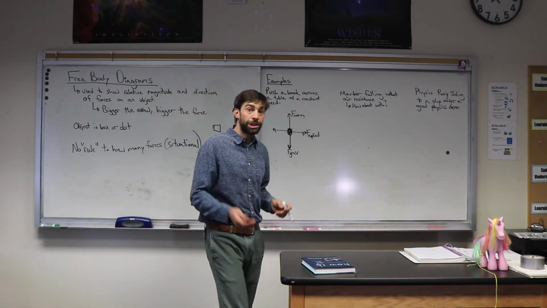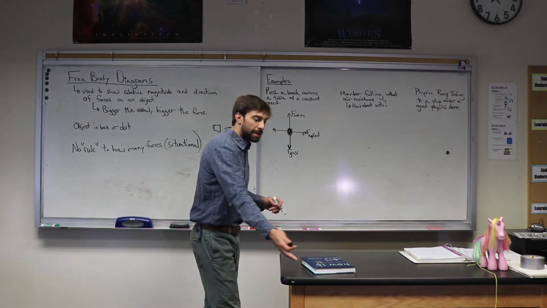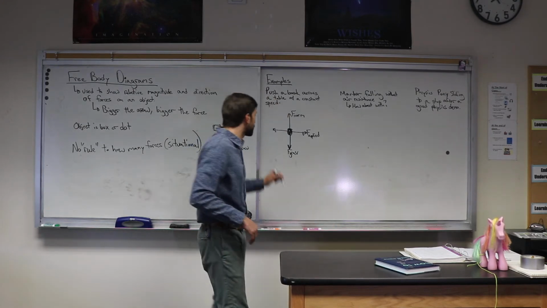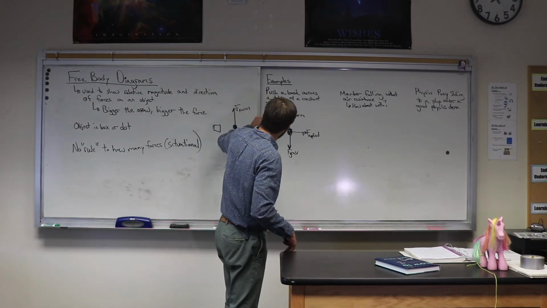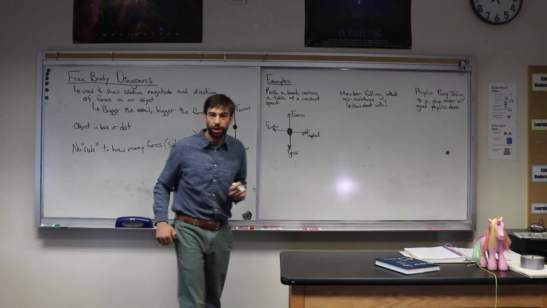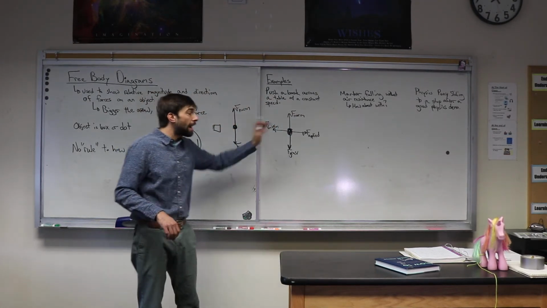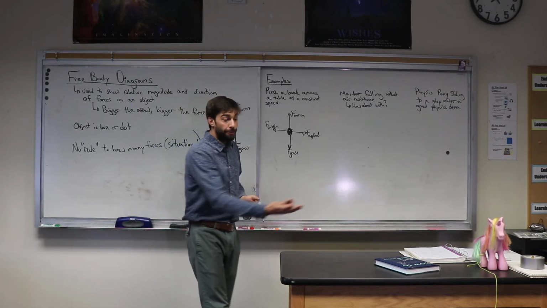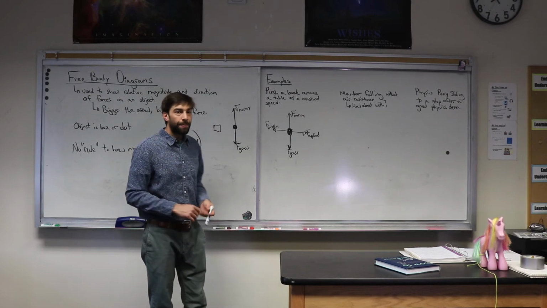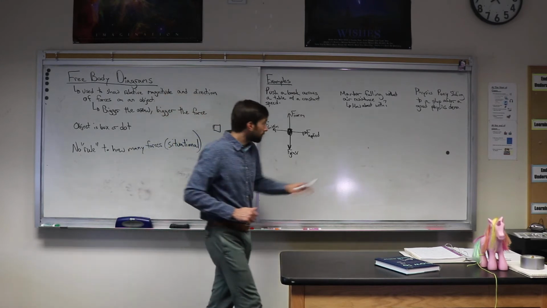If you said friction, you're absolutely correct, right? Two surfaces rubbing together, there is a frictional force there, and so we have force friction. All right, that would be my free body diagram for that situation. Perfect. So that is done.